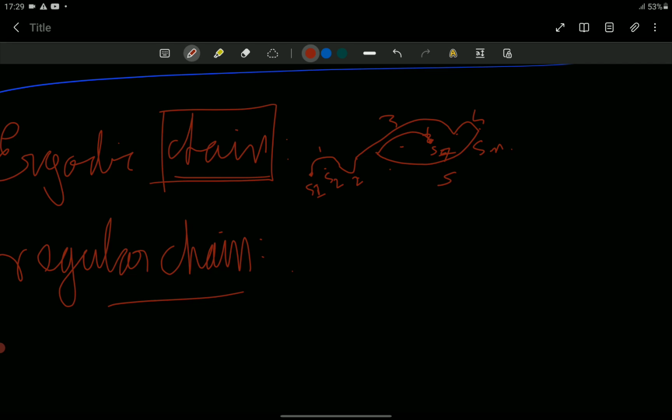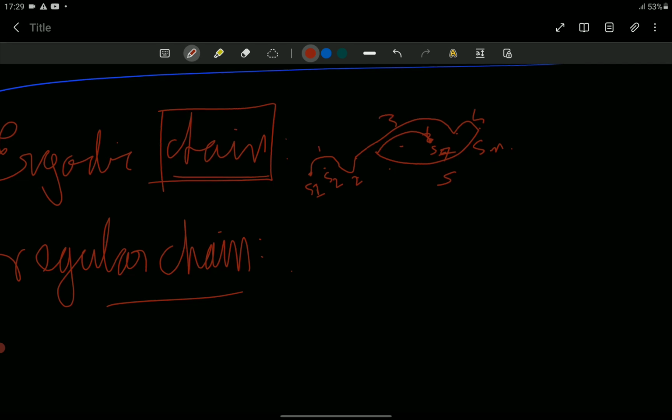Basically, in a regular chain, after those n time units, you cannot say that your state can't be Si, because there is some non-zero probability of your state being Si, regardless of the state from where you start your chain.